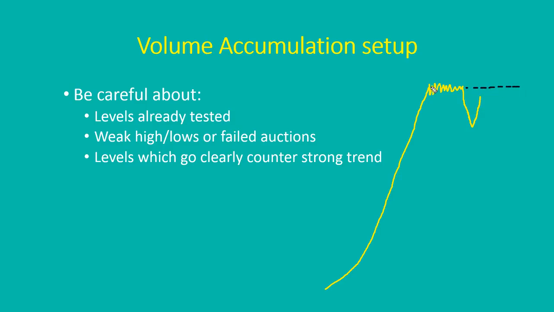Alright, let's say that the heaviest volumes in this rotation are in here. Then it's very risky to enter short in here because it's counter strong trend, and especially if there is a weak high like this one. This would be extremely risky to go short from.